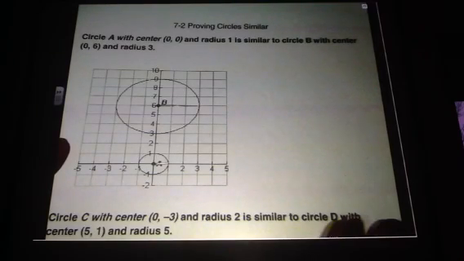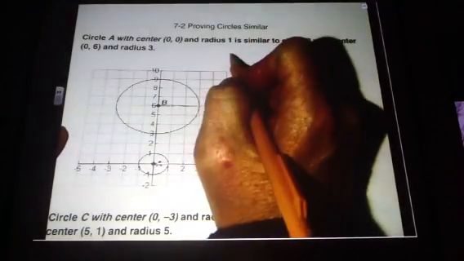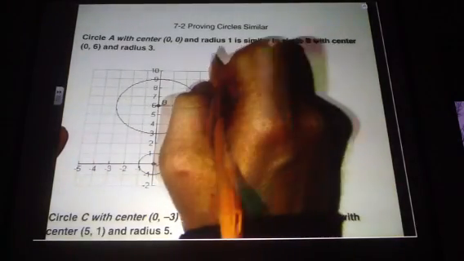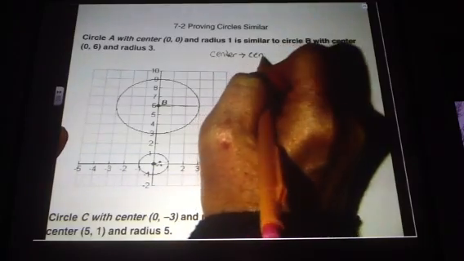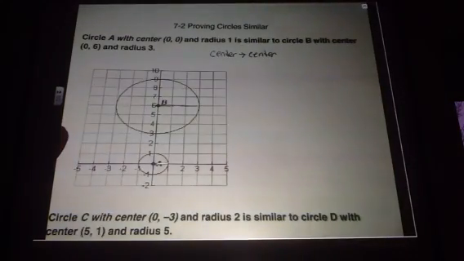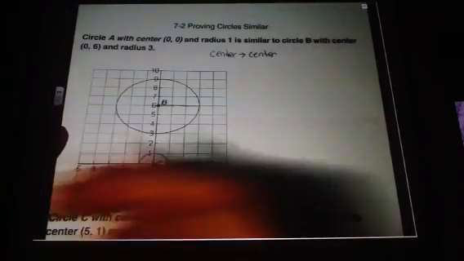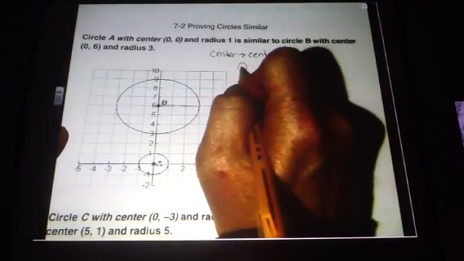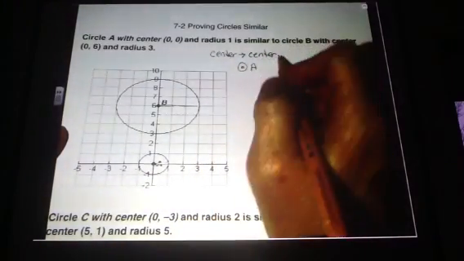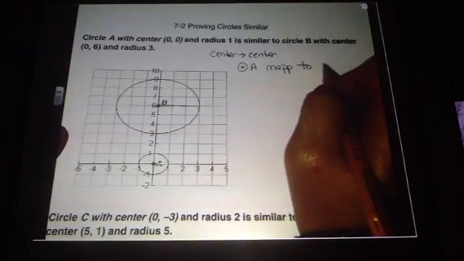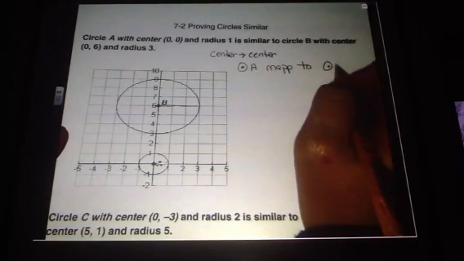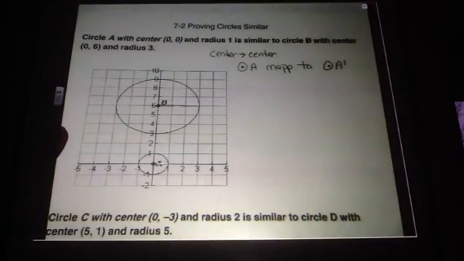So we're going to prove that these circles are similar. All right? So the first step is to line up center to center. So what I'm going to do is take circle A and map it to circle A prime.